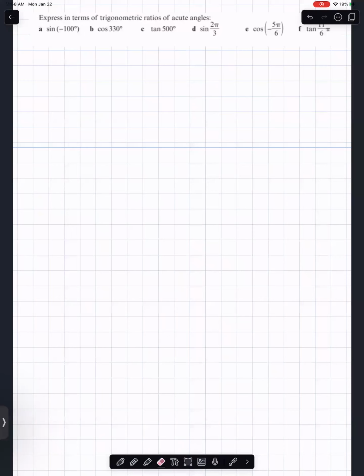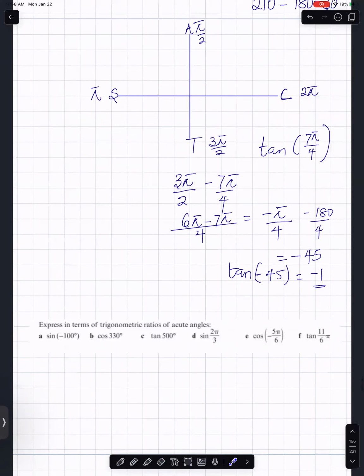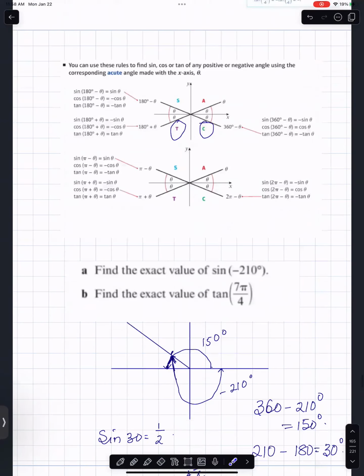We are expressing sine negative 100 degrees in terms of trigonometric ratios of acute angles. We already know the values for where sine is negative. I'll refer you back to this: sine of 180 plus theta is what? A negative sine theta.